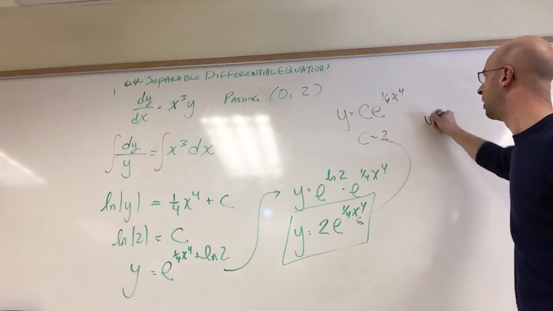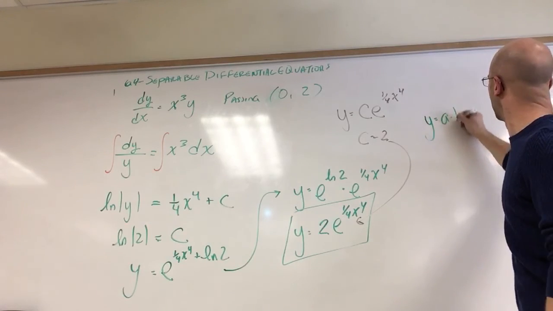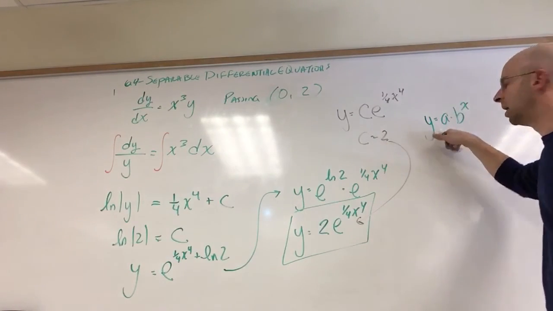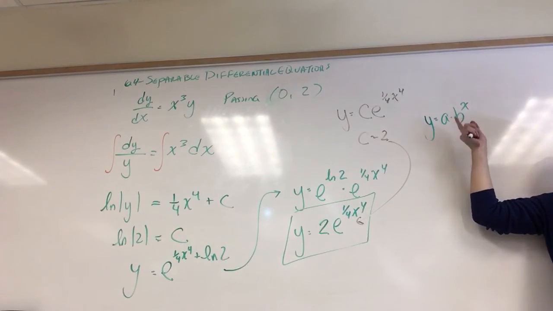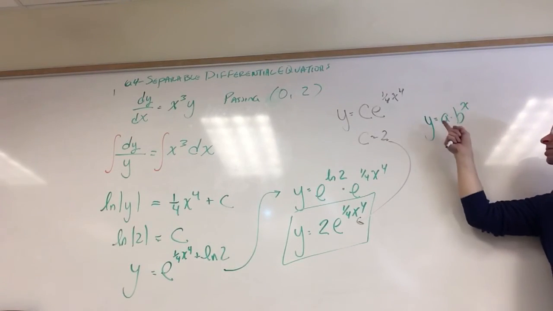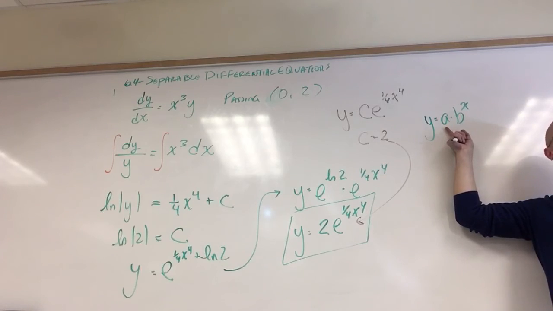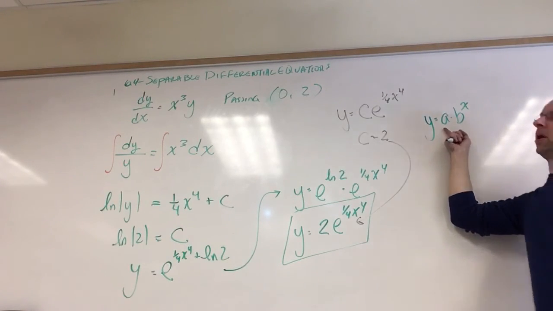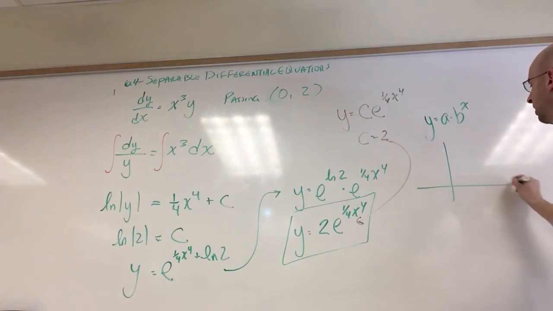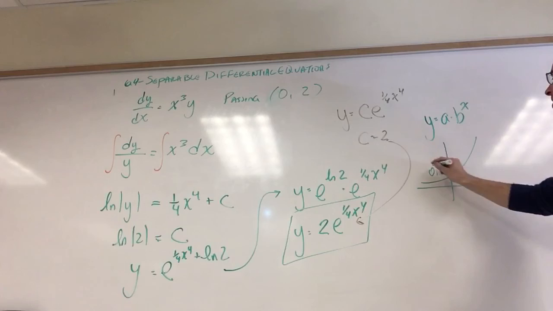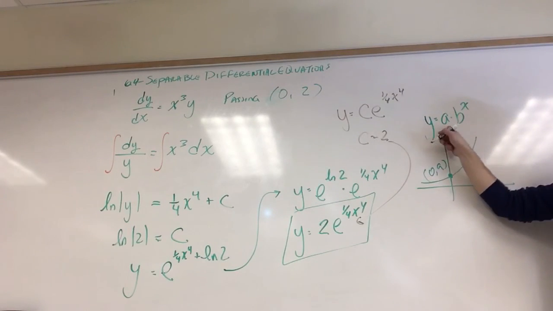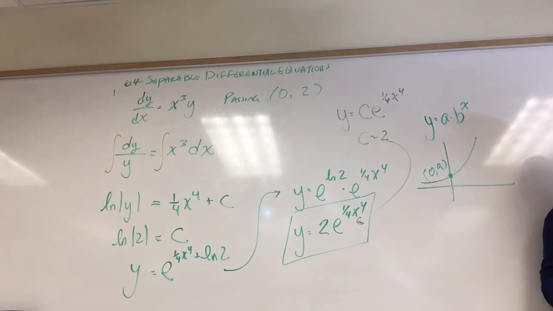Going back, maybe that's a little bit better. Our general exponential form, where you've got your base to the x, we've got some constant, some initial value. Like when we're graphing, it was always 0, a, our initial value point when we're graphing exponential equations.